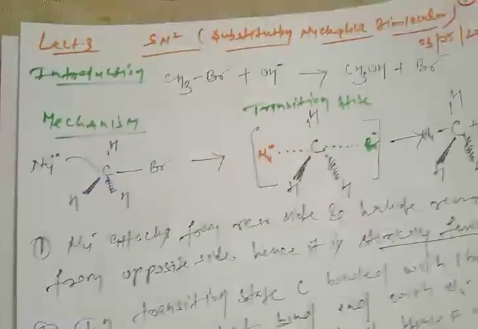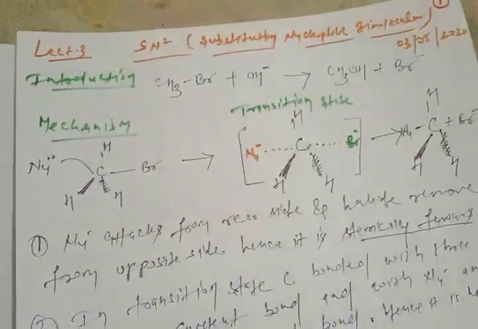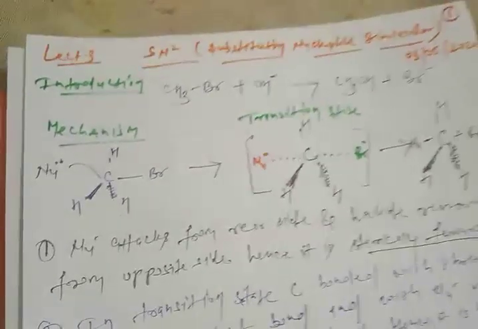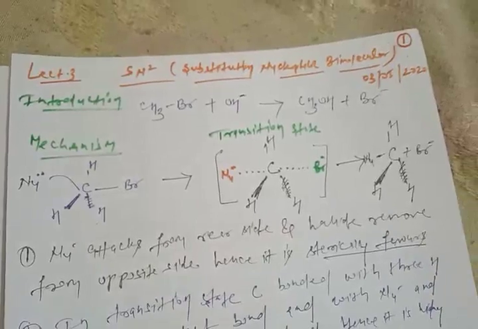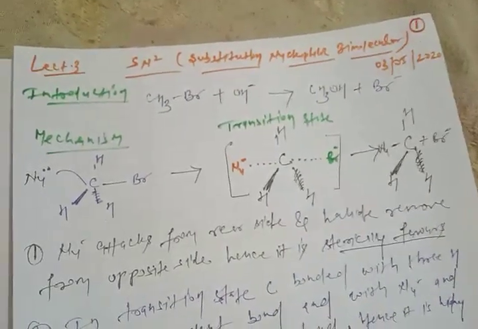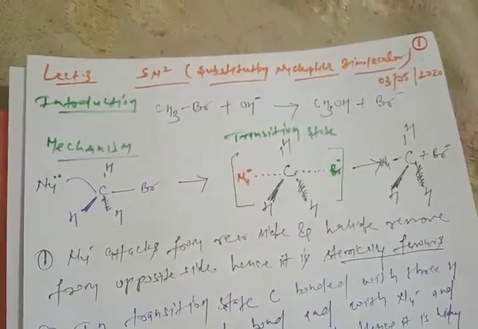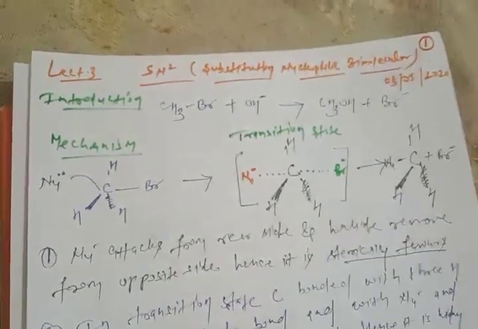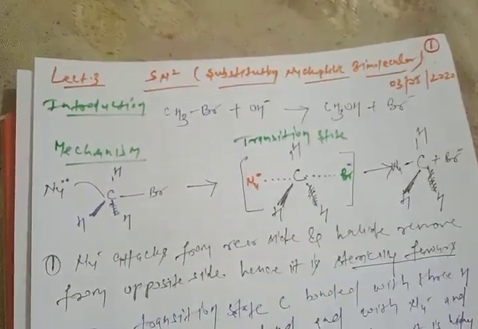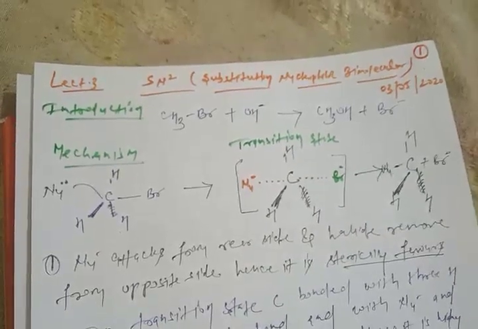SN1 is a unimolecular reaction, SN2 is a bimolecular reaction. Then SN1 is a two-step process, SN2 is a one-step process. The order of reactivity in SN1 is third degree, second degree and 1 degree, whereas in SN2 it is 1 degree, 2 degree and 3 degree.